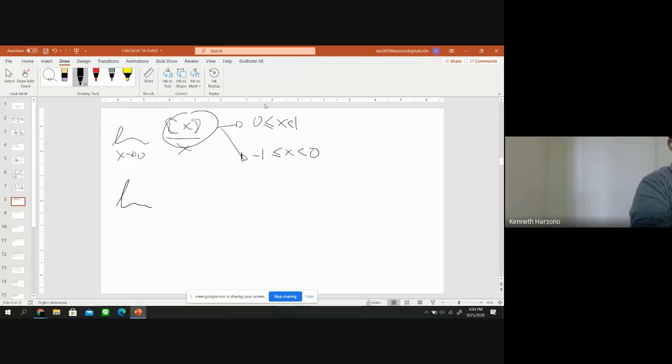So for the limit as x approaches 0 plus, what will we get for the top part?